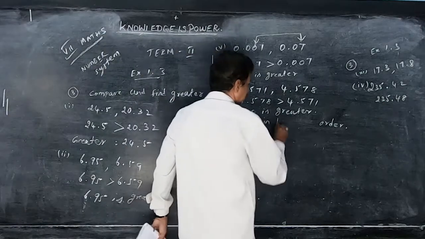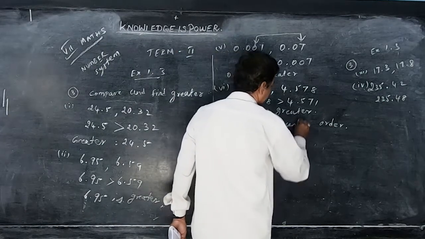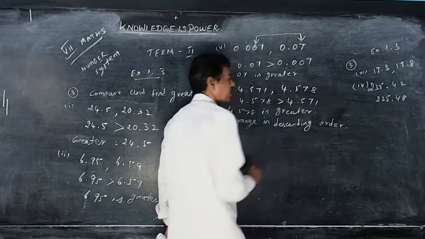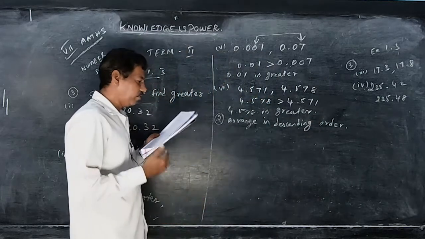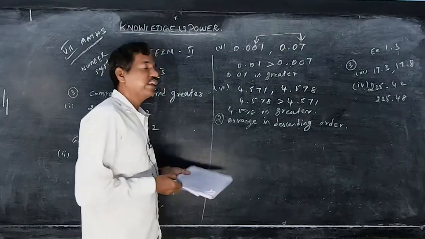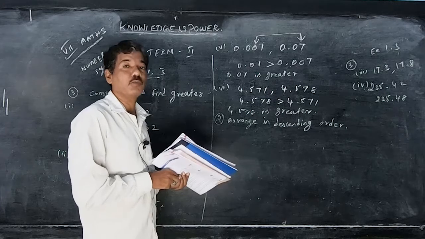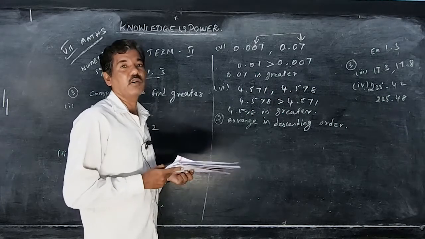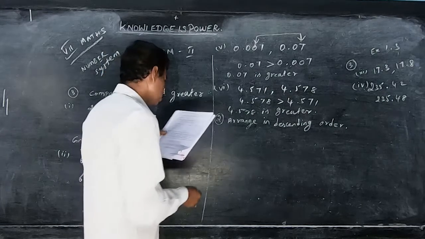So how can we form that in descending order? Descending order means biggest to smallest. Just remember the concept, biggest to smallest.